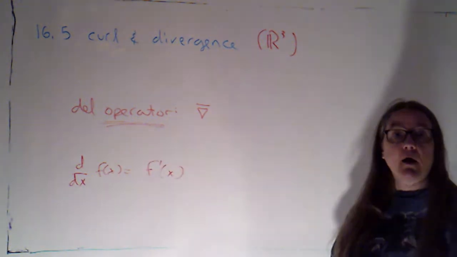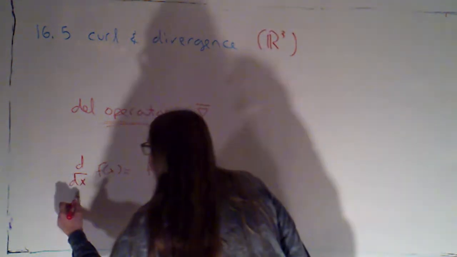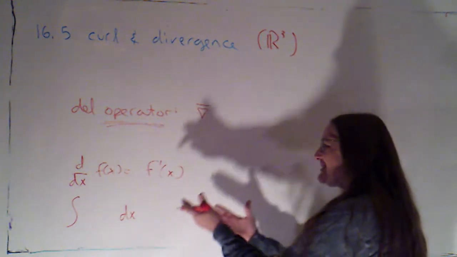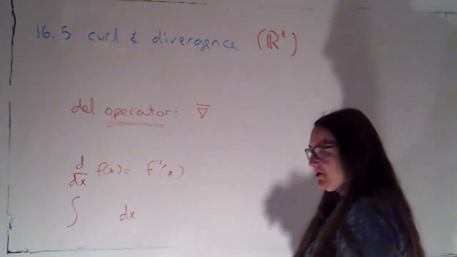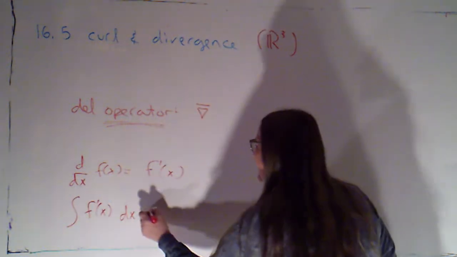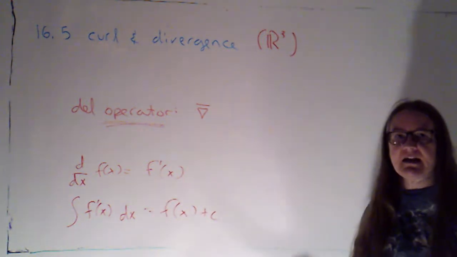A function can have one and only one derivative. However, the integral operator is also an operator. If I apply that, let's say to f prime of x, I would get f of x plus c. So I'm not getting a unique output.